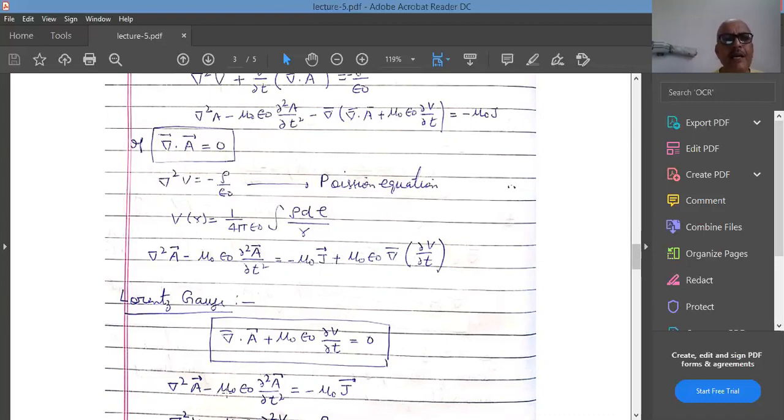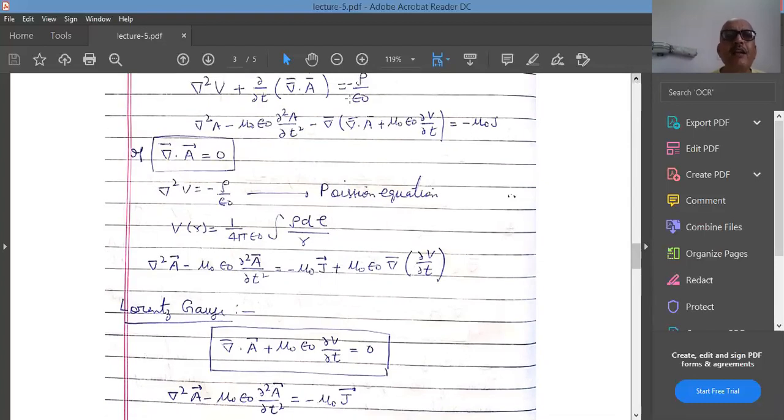Now if we substitute it in the upper equation, in place of divergence of A, we have to put minus mu naught epsilon naught del B over del T. So a minus sign will come here, mu naught epsilon naught will come here, and it is del over del T of del B over del T.